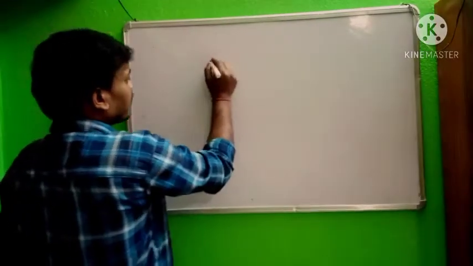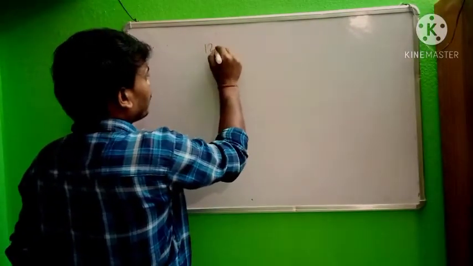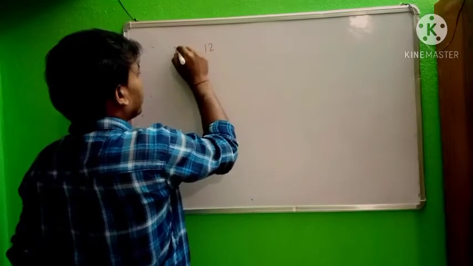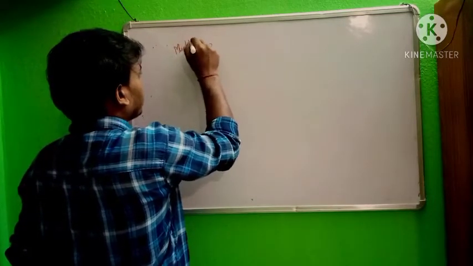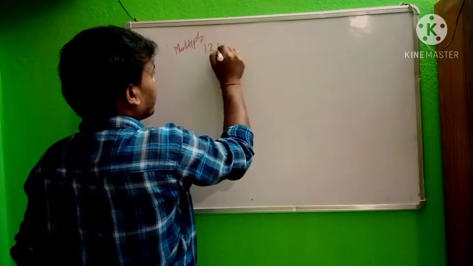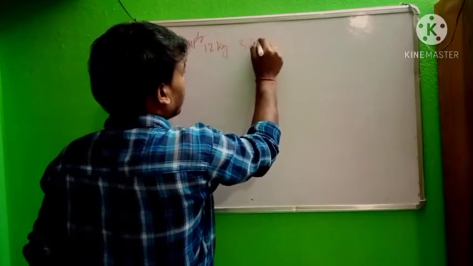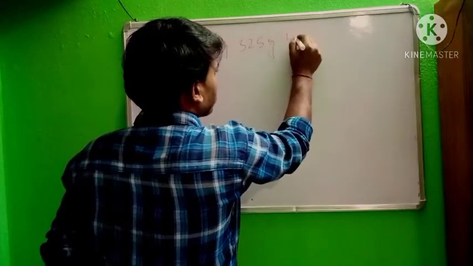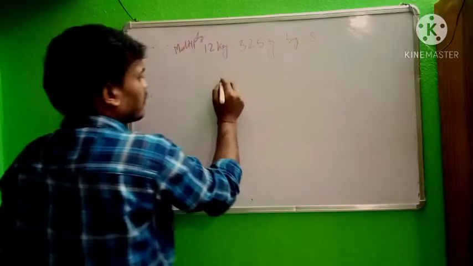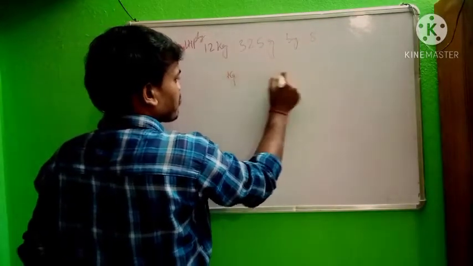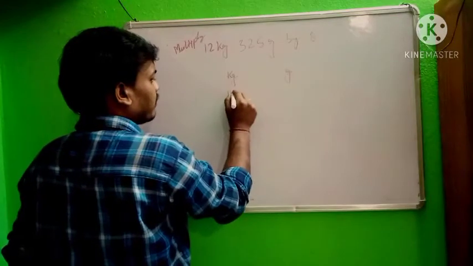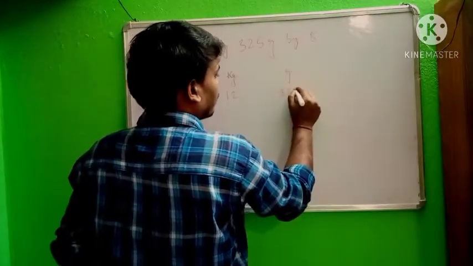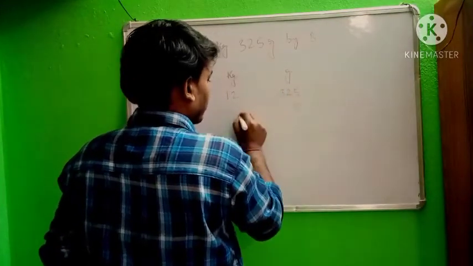If the question is multiply 12 kg 3 to 5 gram by 8, so in the kg column the value is 12, and in the gram column 3 to 5 is multiplied by 8.